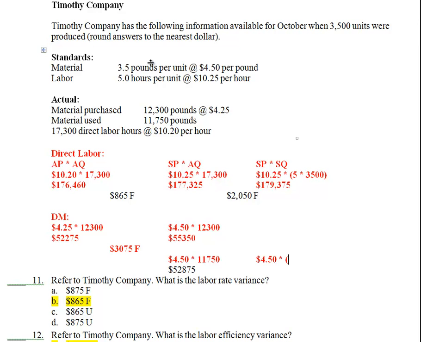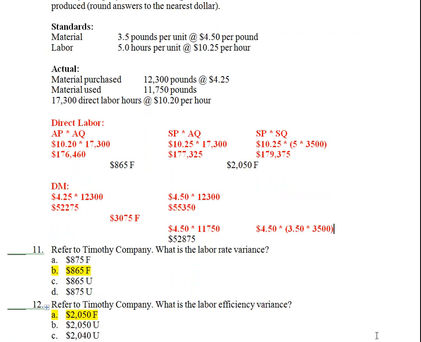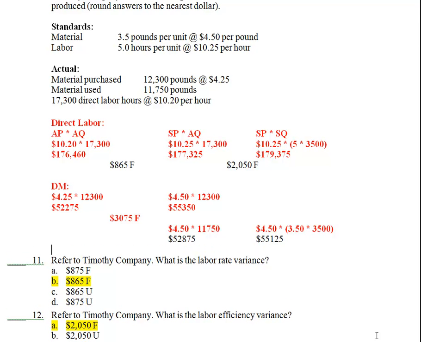So for the material, we should have used 3.5 pounds for every unit we produced. So 3.5 pounds times 3,500 units means we should have used 12,250 pounds. We used less than that, so we know that the variance is going to be favorable. Multiply that out, you get 55,125.